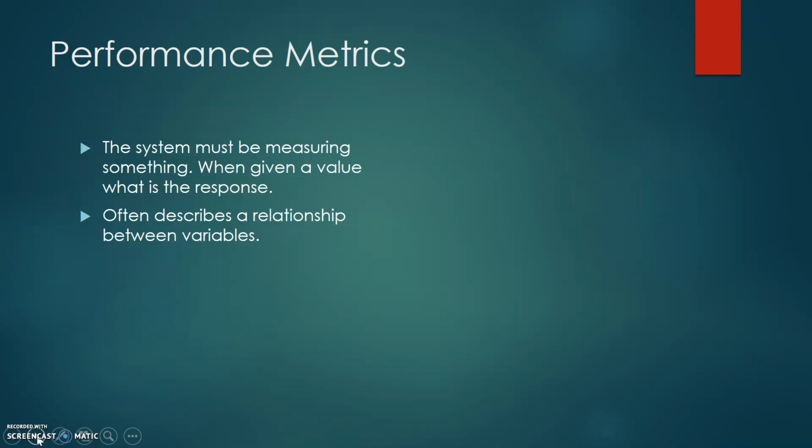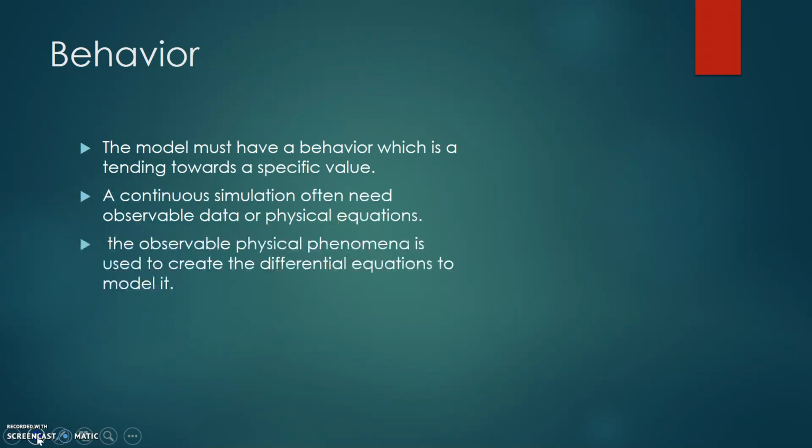So if we simulate the cannonball being shot over and over, that's a continuous system because the cannonball doesn't go through one state after another. It's just continuously being shot. And during that, we would be recording different metrics.